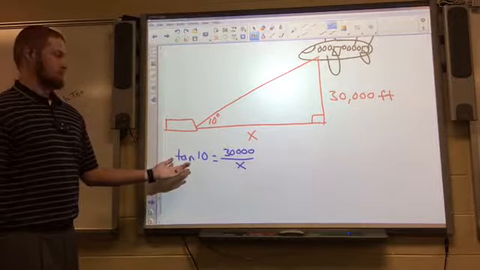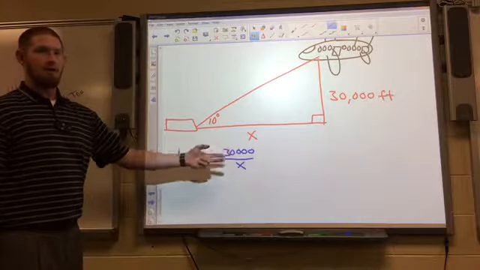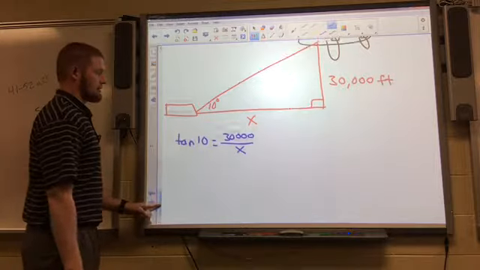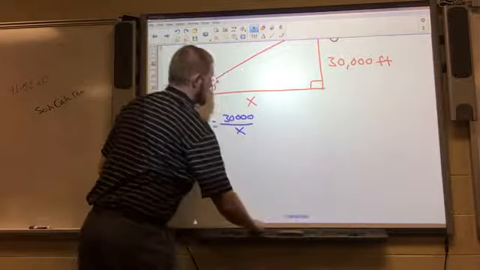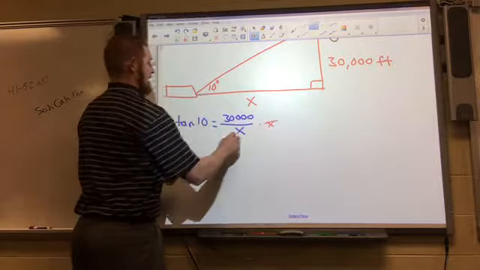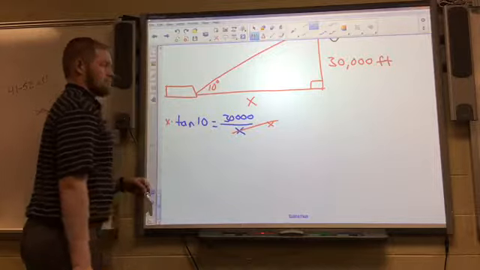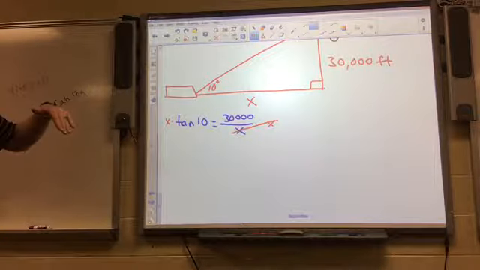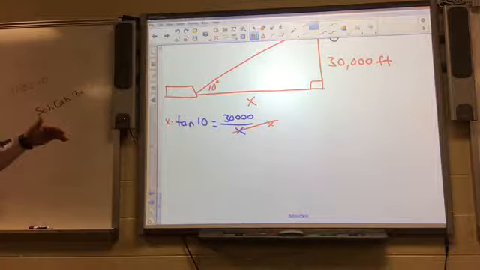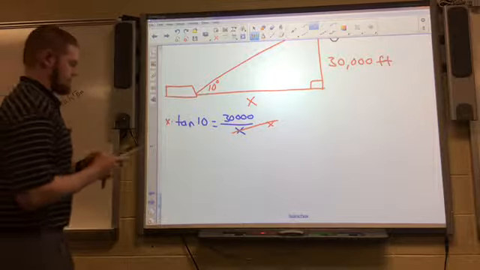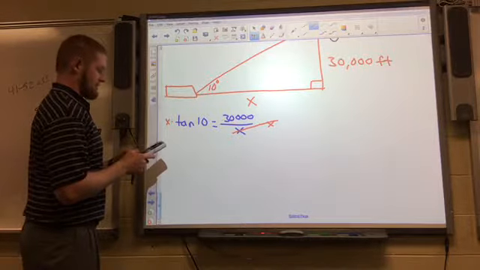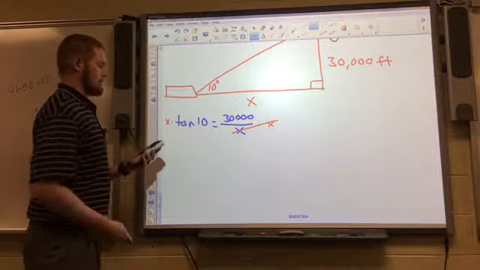All the book examples are going to use cotangent because it flips that. I don't like cotangent because I can't plug it in easily in my calculator. I just know that I'm going to multiply by x and multiply by x, so is it tangent divided by 30,000 or 30,000 divided by tangent? 30,000 divided by the tangent of 10, and I get what?